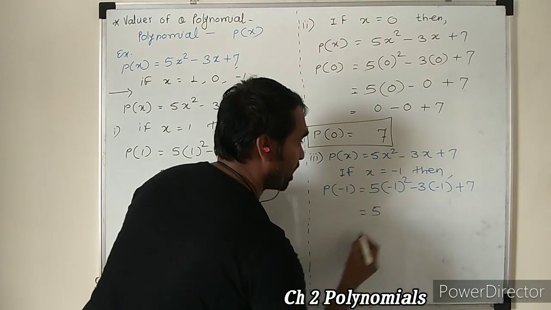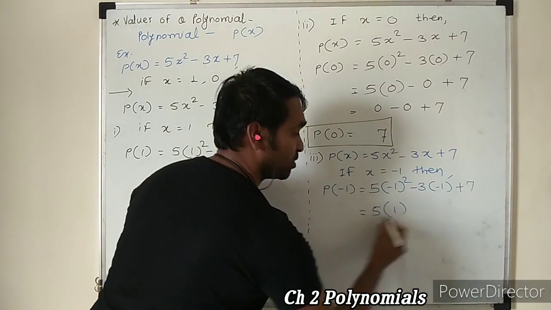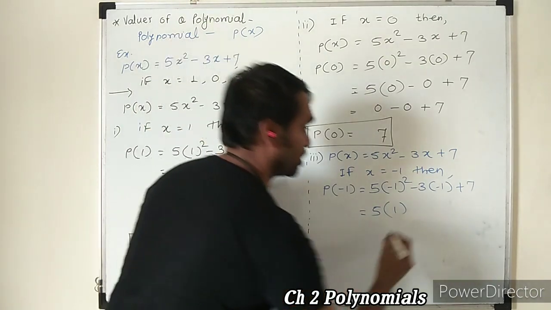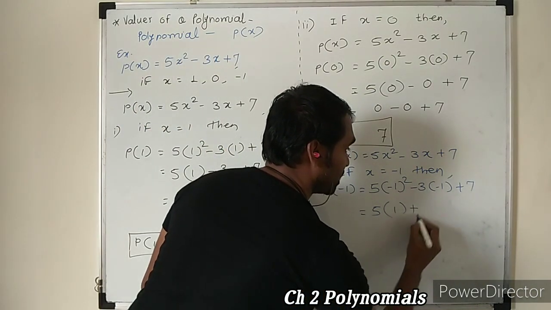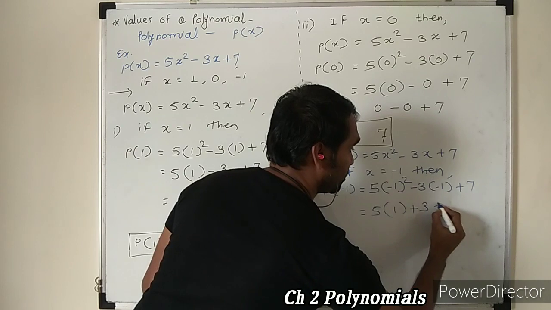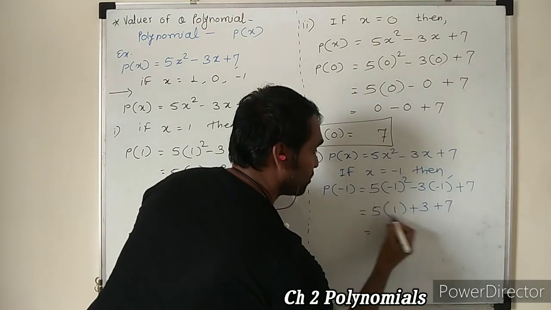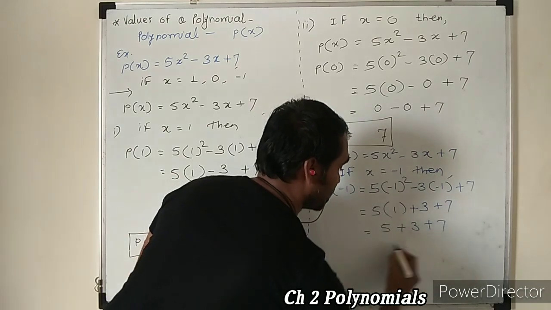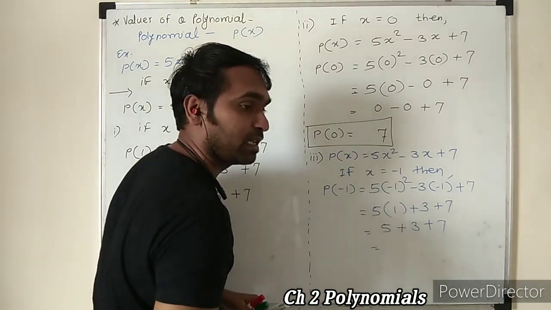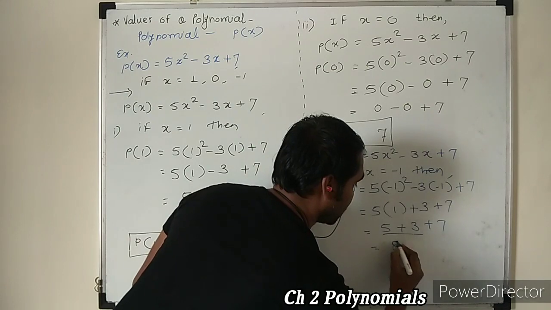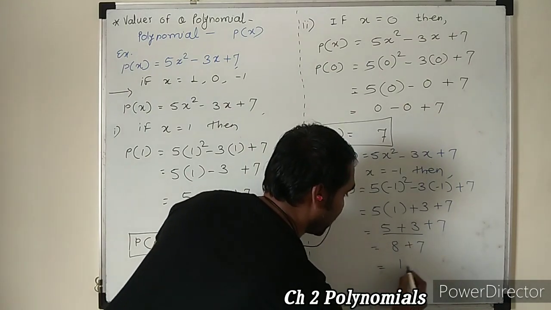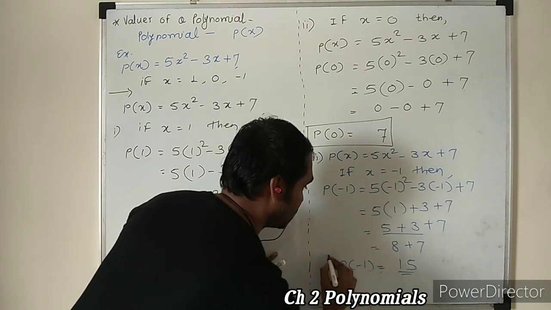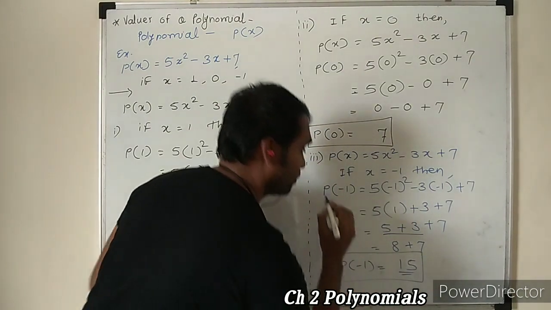First solve: (-1) square, that is -1 multiply -1, means positive 1, since minus into minus is plus. Then 3 multiply 1 is 3. Next, 5 into 1 is 5, plus 3 plus 7. 5 plus 3 is 8, 8 plus 7 is 15. So P of -1 is equal to 15.